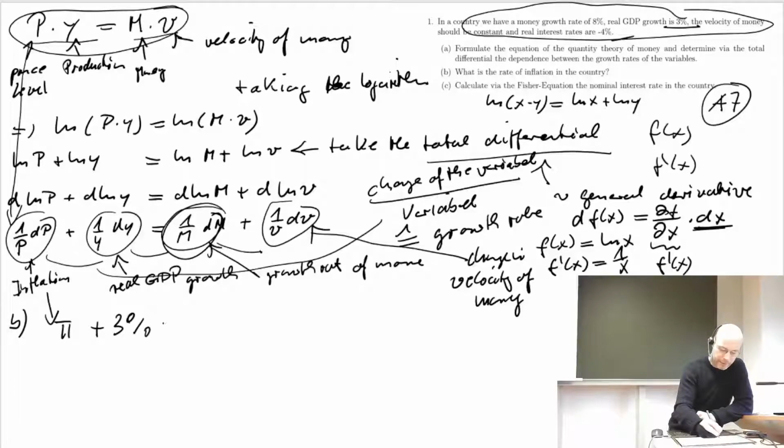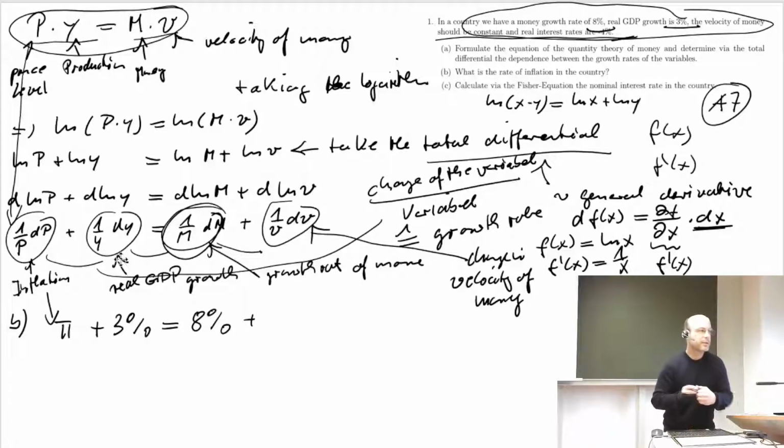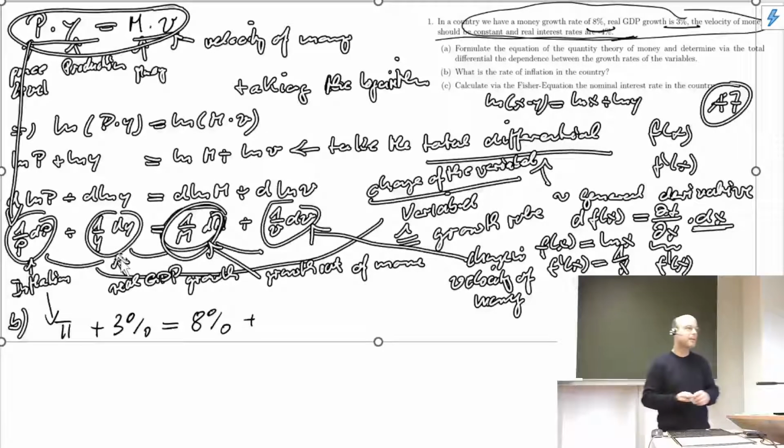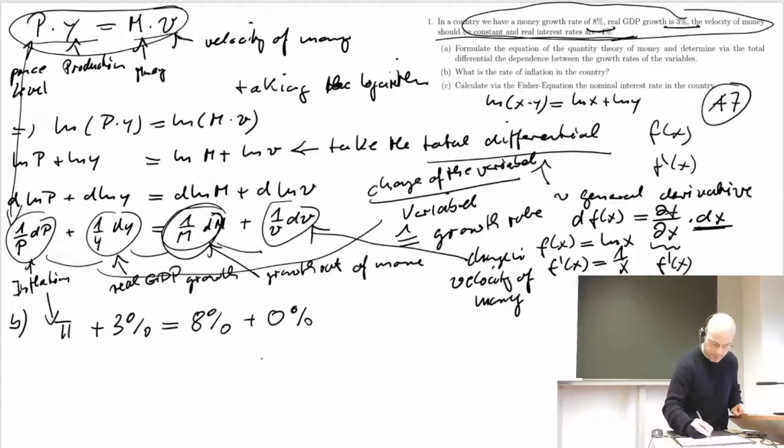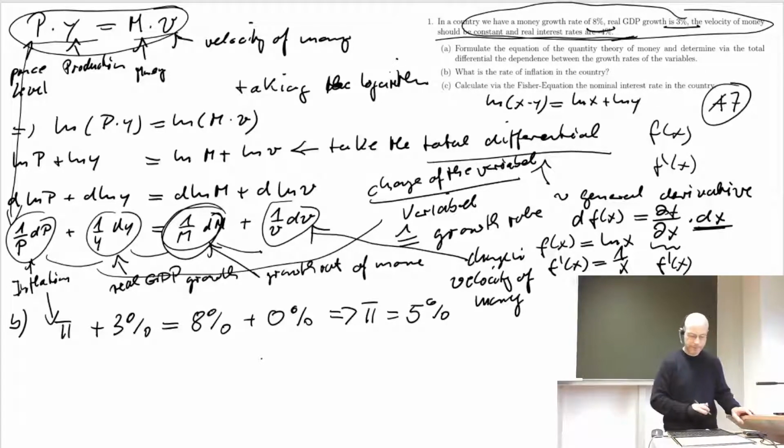So plus 3% equals money growth of 8%. And what is the growth rate of the velocity of money? If we look at our task, velocity of money should be constant, so the growth rate is of course 0%. So inflation is then 5%.